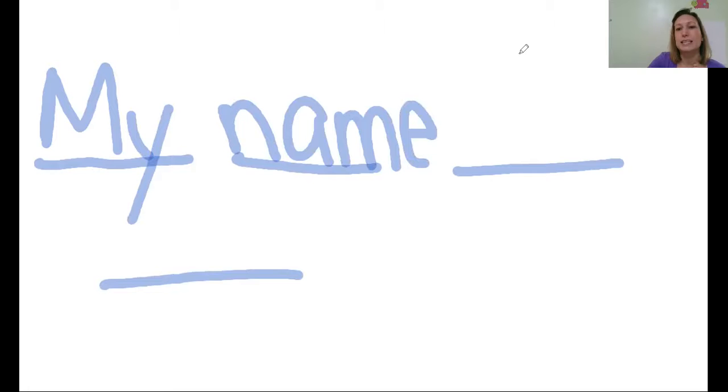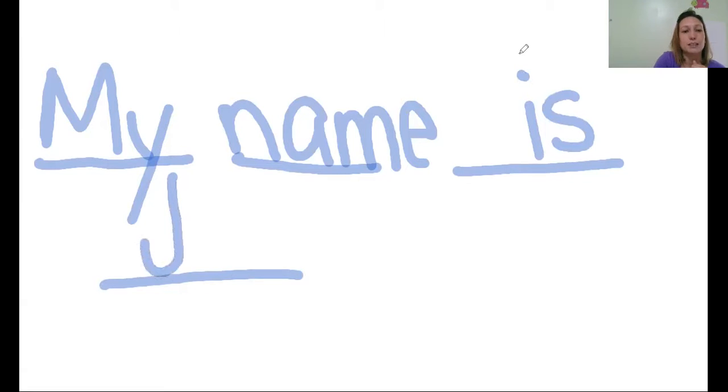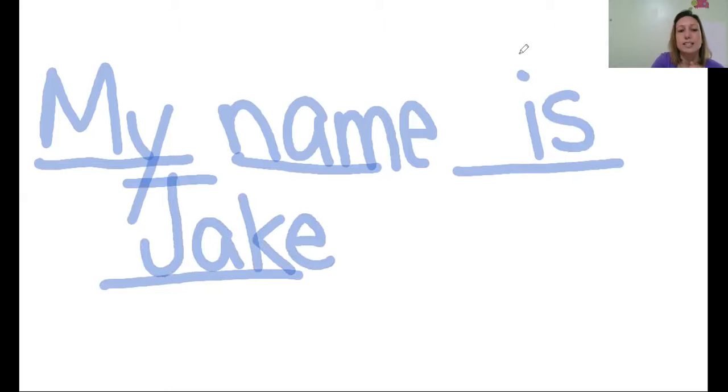My name is, I-S, Jake. J-A-K. And it is a name, so what does that tell me about the first letter? Uppercase J, A, K, and my A is saying its name, so I need an E. My name is Jake, and of course my period. My name is Jake.